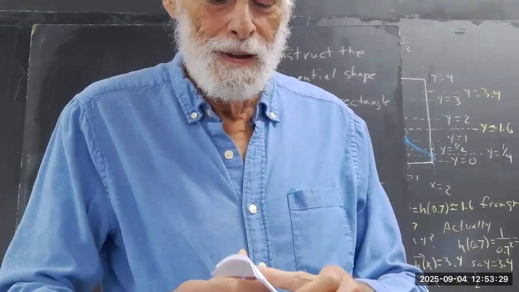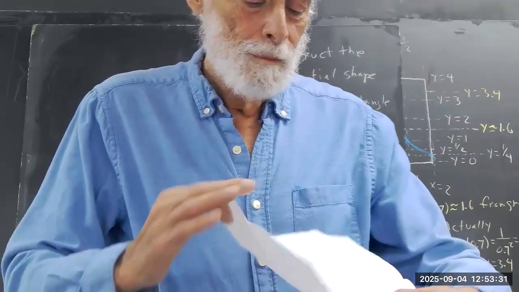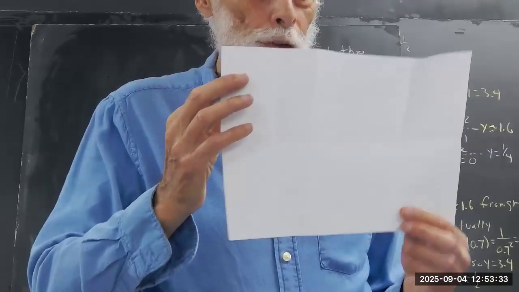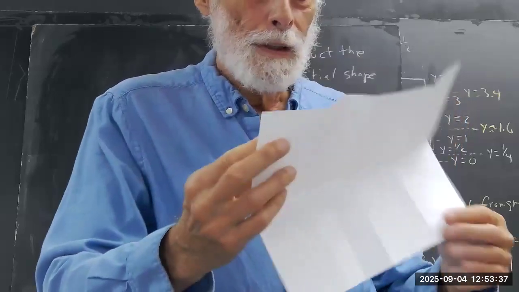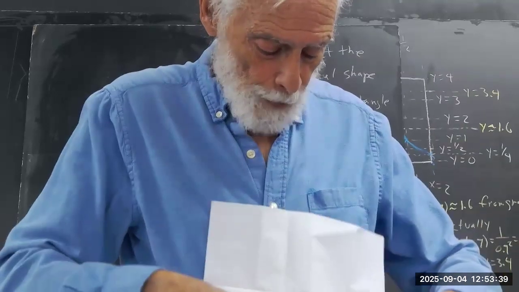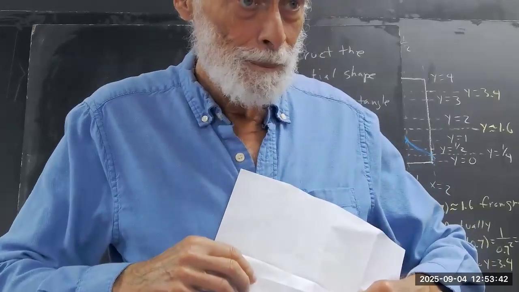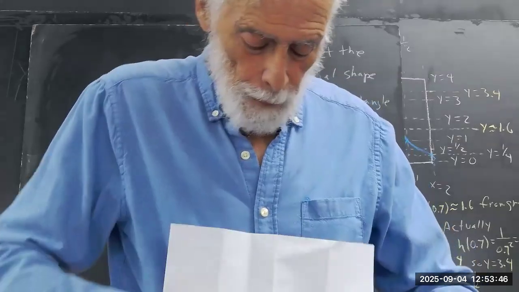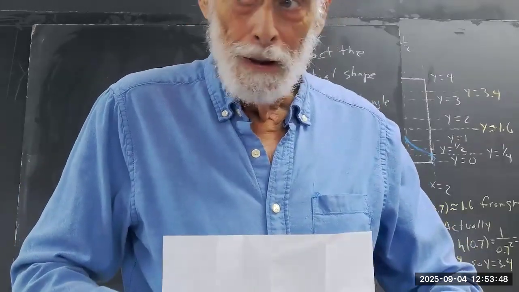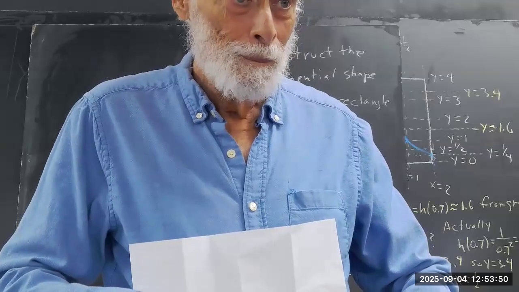Well, now I've got my horizontal line in the middle, right? Then I can bring the lower edge up to there and get the line halfway from lower edge to the middle. Bring the lower edge down, bring it up to that last line, fold it again, and fold it again.